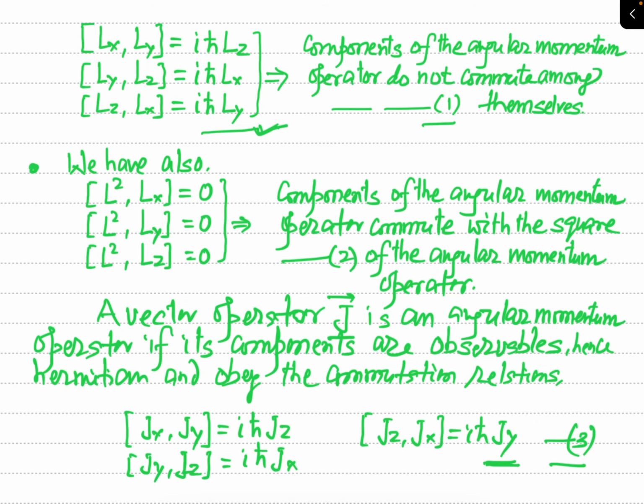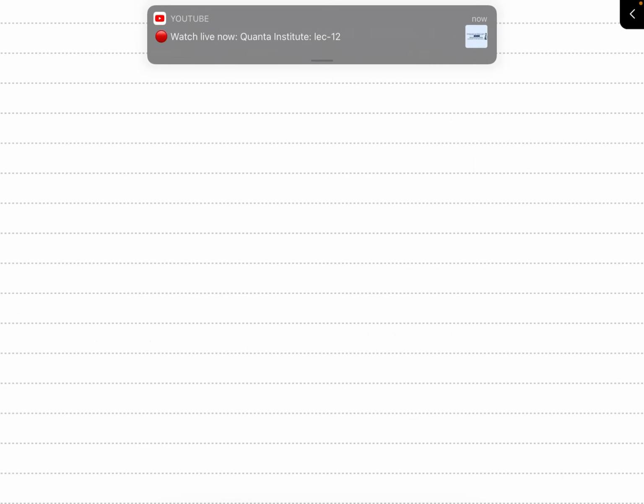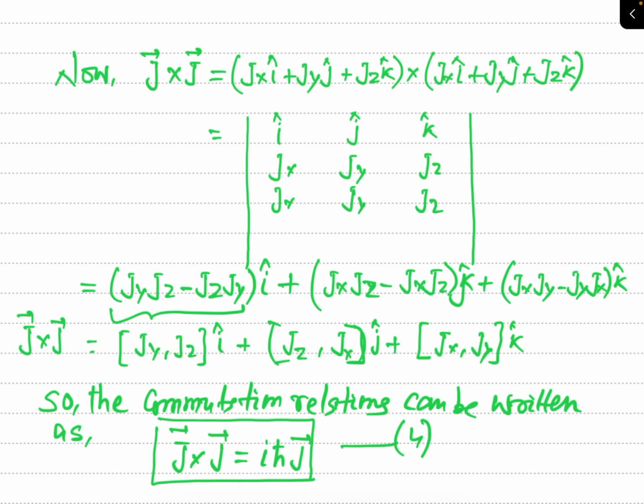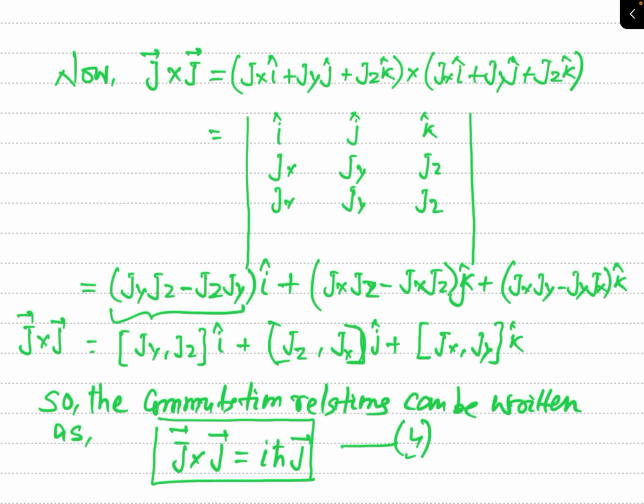Still, they are called angular momentum because their components obey the same commutation relations as defined here in equation 4 or equation 3, and that is why we call those quantities angular momentum in quantum mechanics.